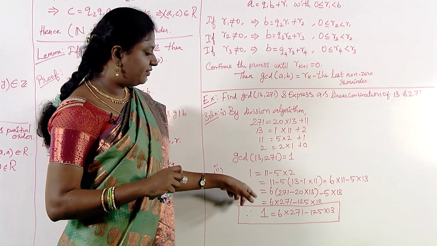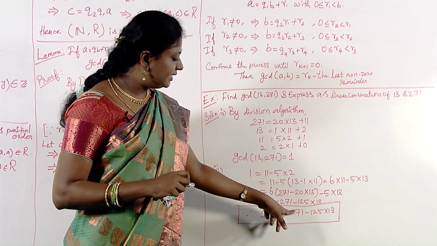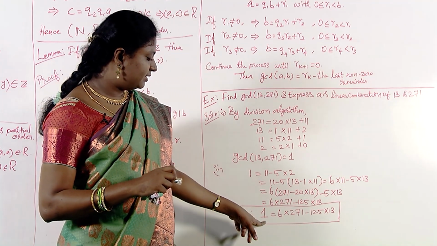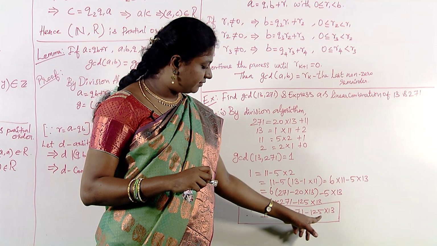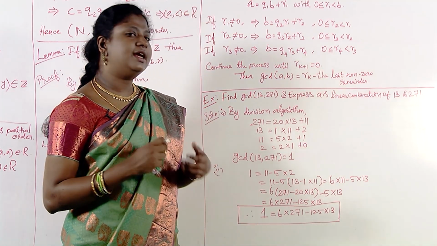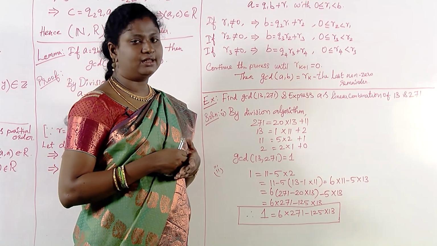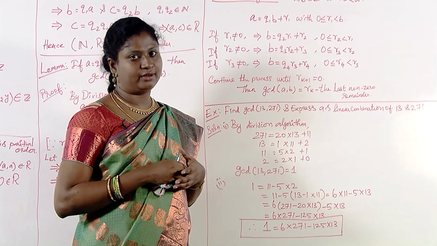Upon simplification, very simple simplification, you will have 1 as a linear combination of 271 and 13. Here we have 1 is equal to 6 multiplied by 271 minus 125 multiplied by 13. All you have to do is trace the steps back of the Euclidean algorithm and write in the required form, then you will have your answer.